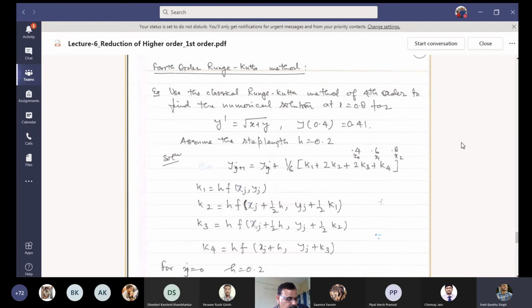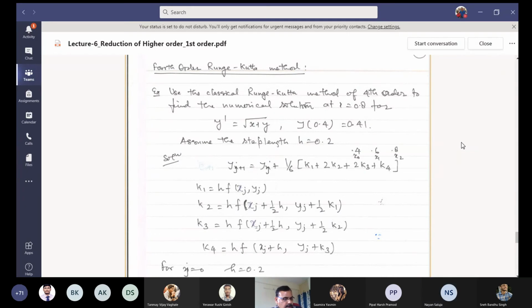And K2 value, one student has told K1 is 0.18. You have to use a calculator. Sir, K2 is 0.2. Exactly, correct. Sir, K3 is 0.2009975.